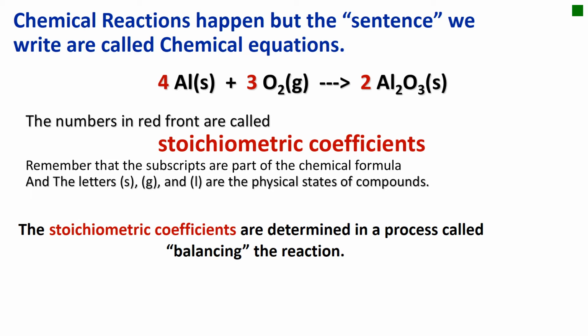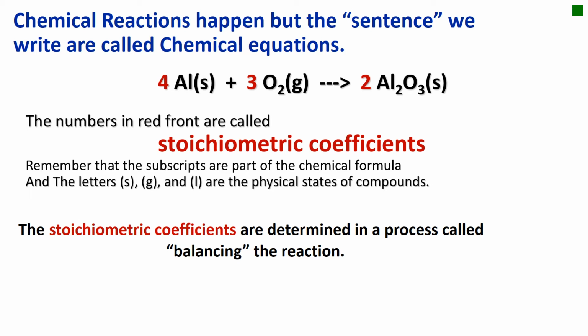The numbers in red are called stoichiometric coefficients. I won't be saying stoichiometric over and over again. I'm going to be calling them coefficients. Keep in mind that the subscripts are a part of the chemical formula and must never be changed once you know the formula is correct. And then remember the letters S, G, and L as well as Aq are the physical states of the compound.